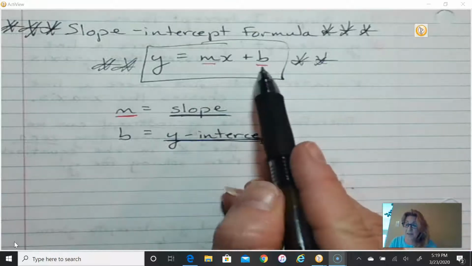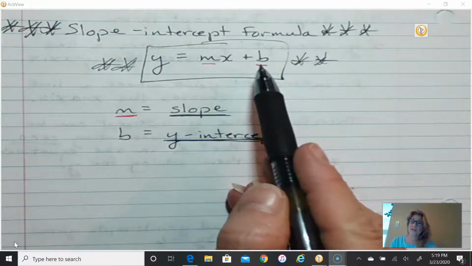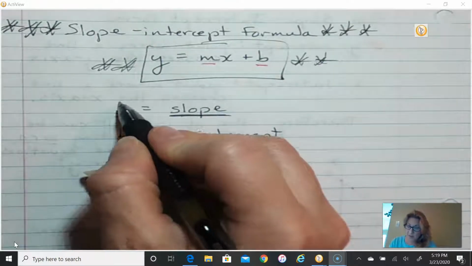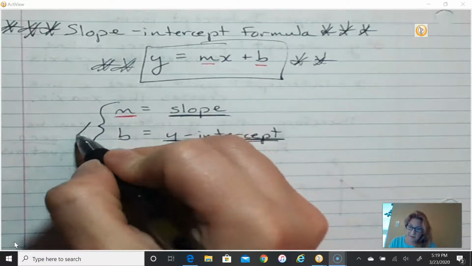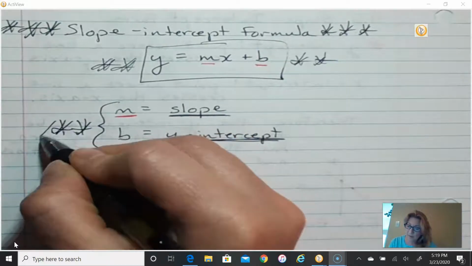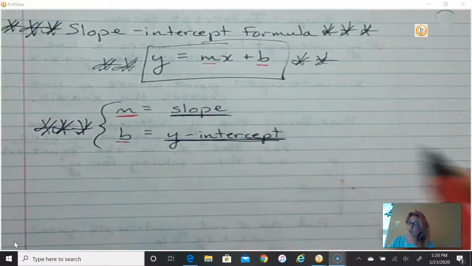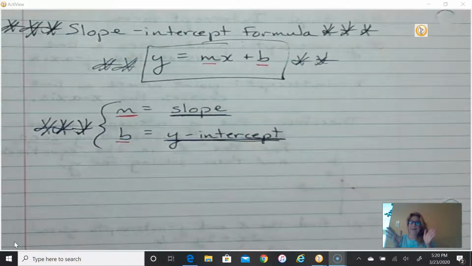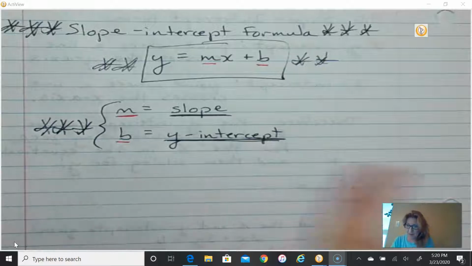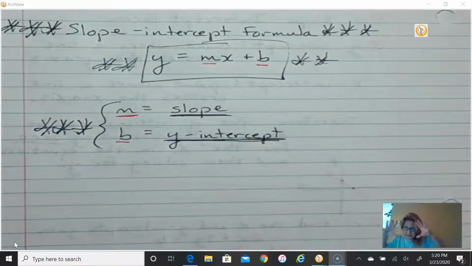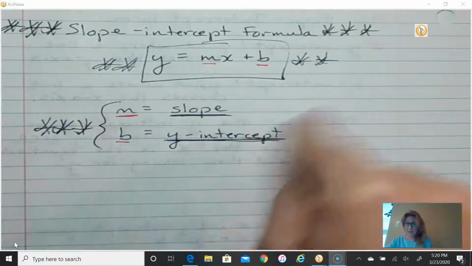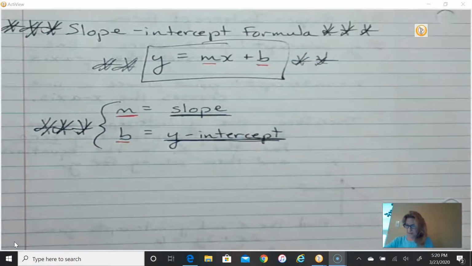No. You see a y-intercept. So these two things, boys and girls, I think I have driven this home as to the importance. You have to have that memorized. I mean, for survival in any algebra class, memorize this. Take a screenshot with your brain. If you can memorize this, you're gold.